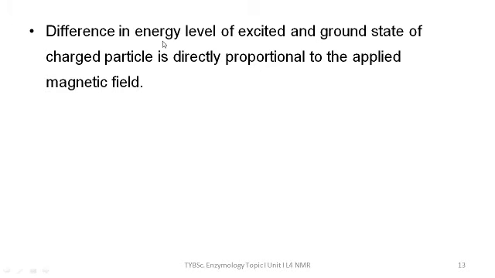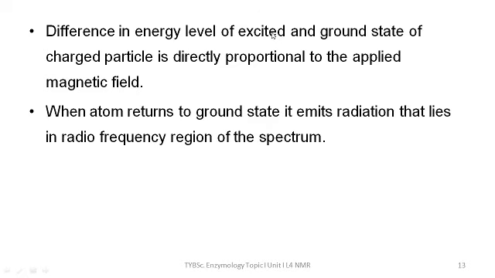The difference in the energy level of the excited and the ground state of the charged particle, since we have charged it with electromagnetic radiations and it has reached the excited state, is directly proportional to the applied magnetic field.